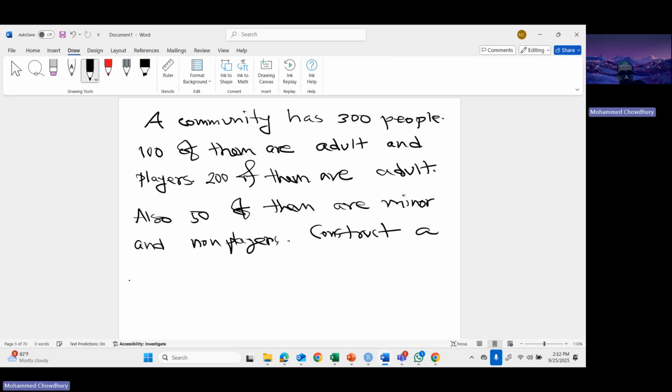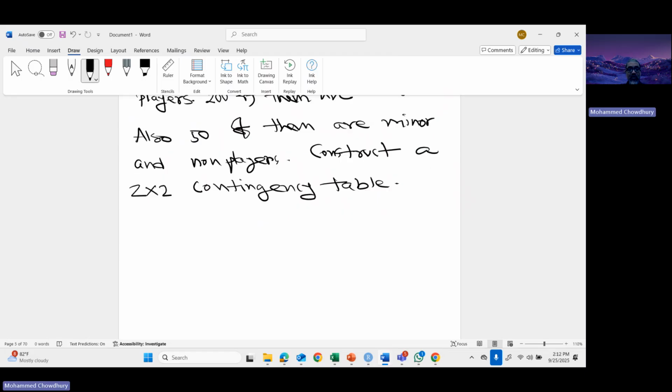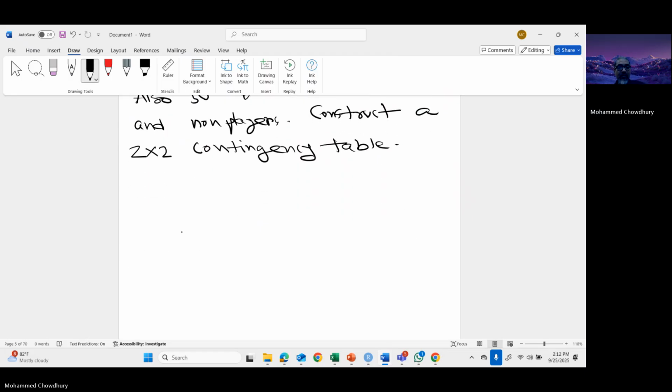Construct a 2x2 contingency table. Construct a 2x2 contingency table, okay?